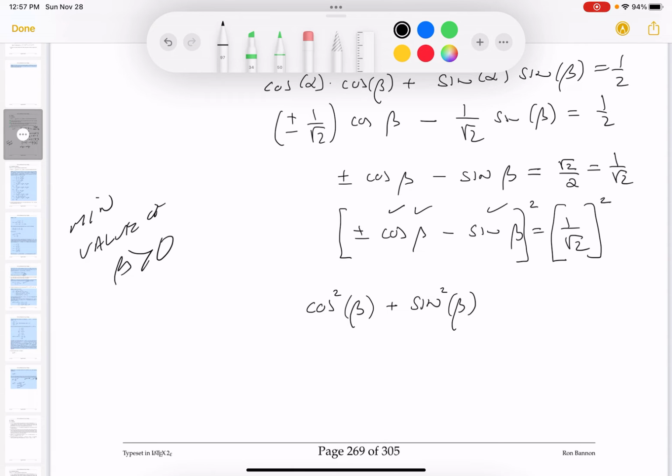I got these guys. Let me get my eraser. I don't need to check those, do I? This is the tough part, though. And what are you going to get? Well, you can get plus or minus 2 cosine beta sine beta. And on the other side, you get a half.